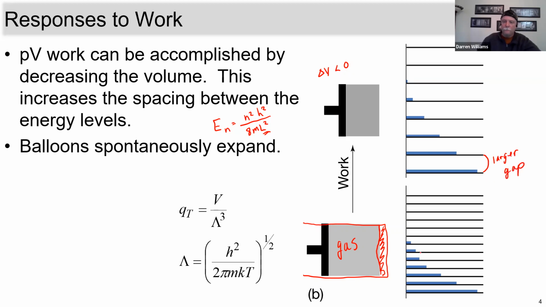And so we have a smaller Q. Before, lots of energy levels were populated, so now we have a smaller partition function, with partitioning in fewer energy levels.